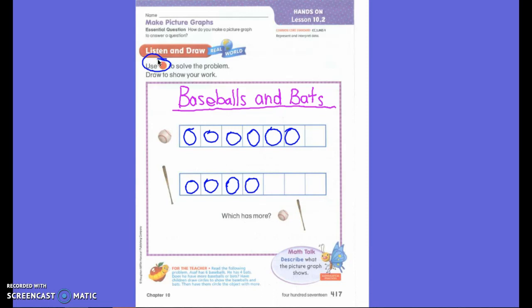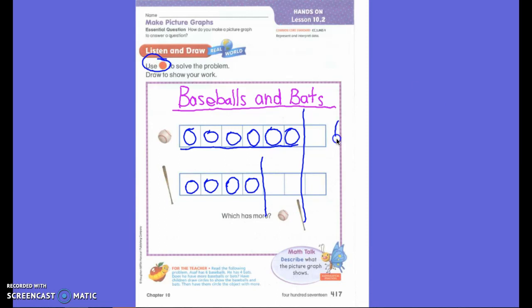Okay, she thinks that the baseballs have more. Would you guys agree? Yes. I would agree. You are exactly right because it looks like they have more. Because if I drew a line to see which one's even, the baseball bats don't quite come even with them. So there are more baseballs than the baseball bats.